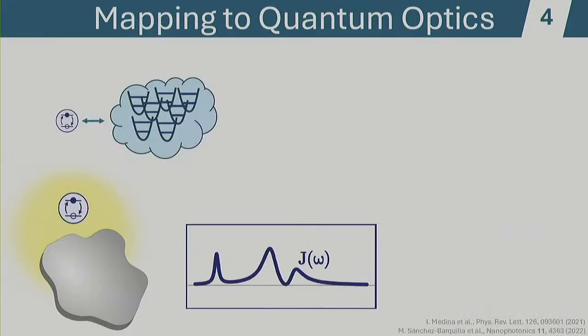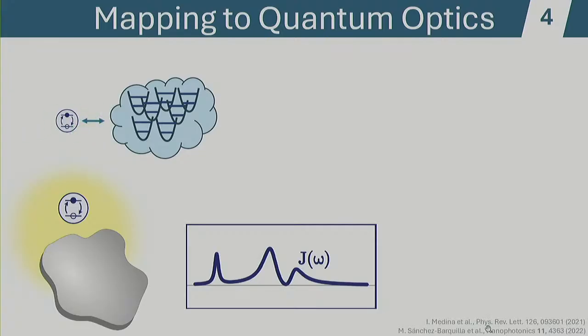So as I showed you before, the Hamiltonian of light-matter interaction can be written in this way, where this cloud of harmonic oscillators basically represents a photonic continuum. The idea is to replace this cloud with something else which is easy to treat and at the same time has the same action on quantum emitters.